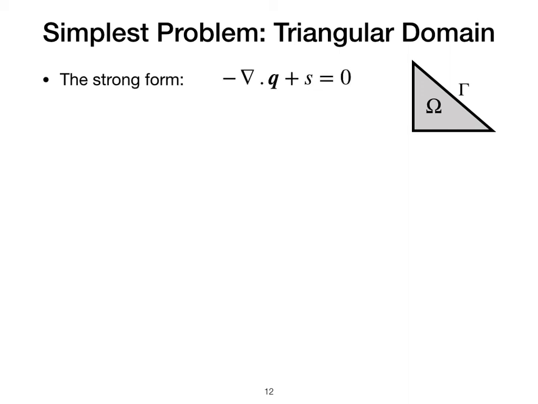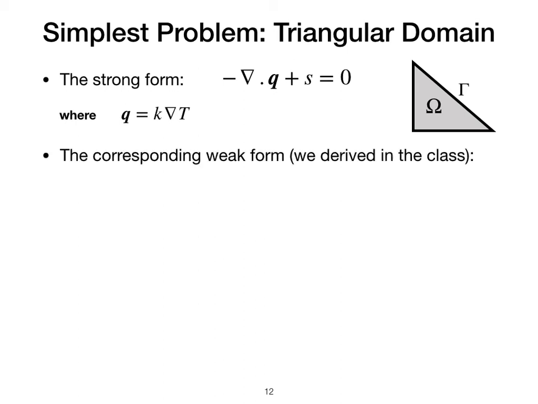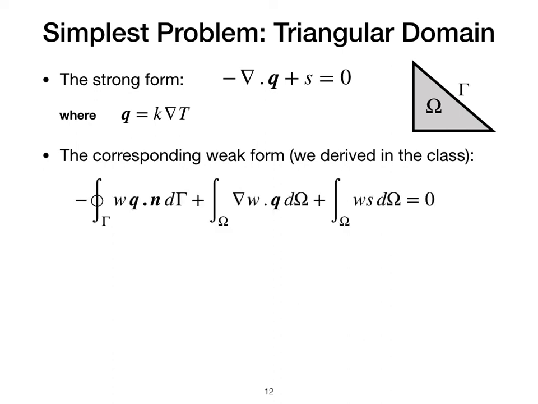The strong form is given by minus divergence of vector q plus s equal to 0, where q is equal to k times gradient of temperature, and the corresponding weak form, which we have derived already in the class, is given by the closed integral of w times q dot n, integrated over the whole boundary, plus gradient of w dot q integrated over the whole domain, plus w times s integrated over the whole domain.